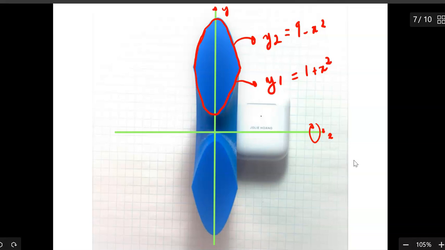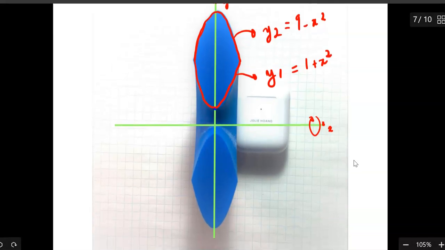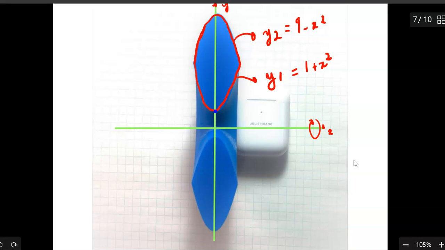The vertex that I'm talking about here is 0, 1. If you let x equal to 0, y is equal to 1, which is the vertex of the parabola. Shade the area that we have to work with to realize the upper function minus the lower function.